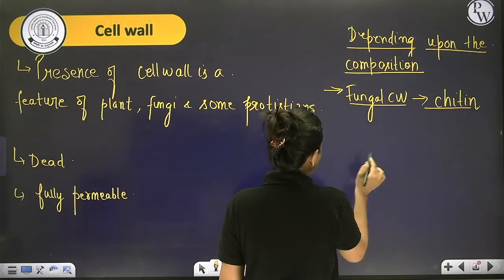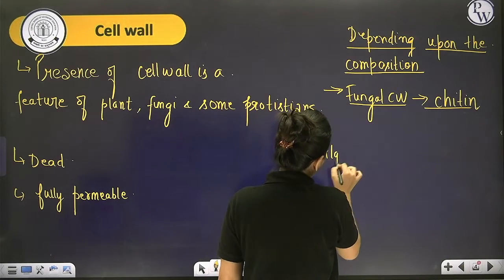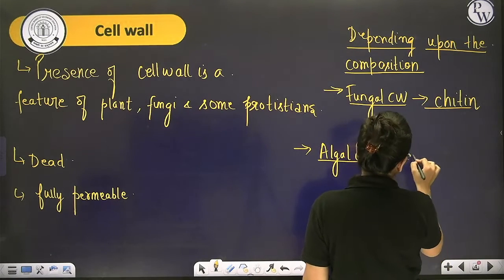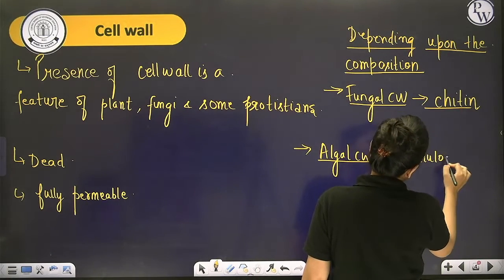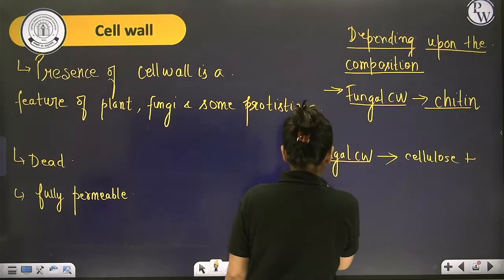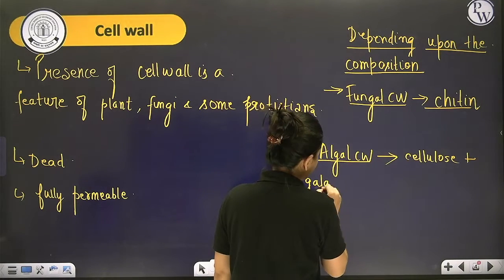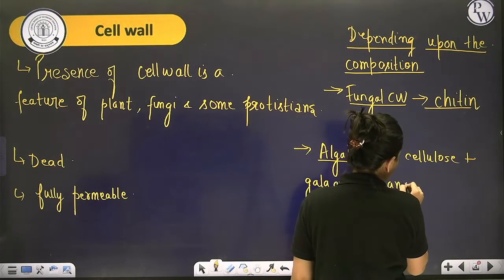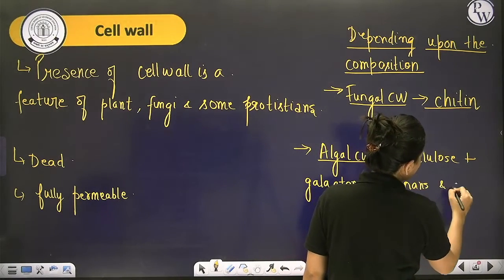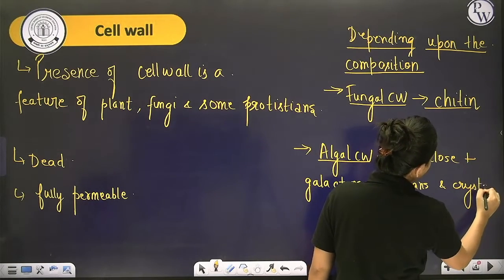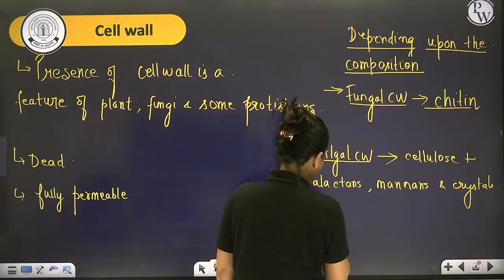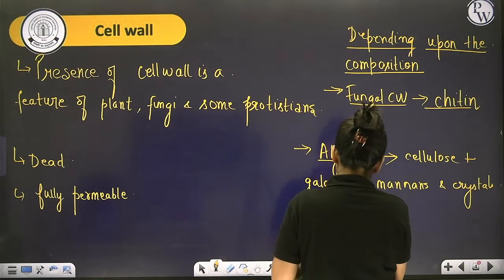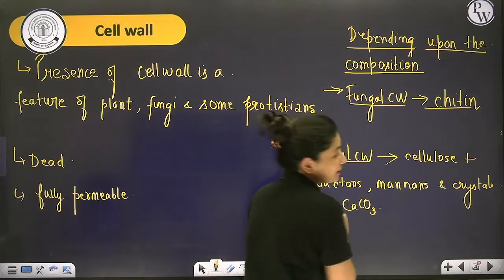Second is the algal cell wall. Now, the algal cell wall is made up of cellulose. Along with cellulose, it also possesses sugar components like galactans, mannans and crystals of calcium carbonate, right? Crystals of calcium carbonate.